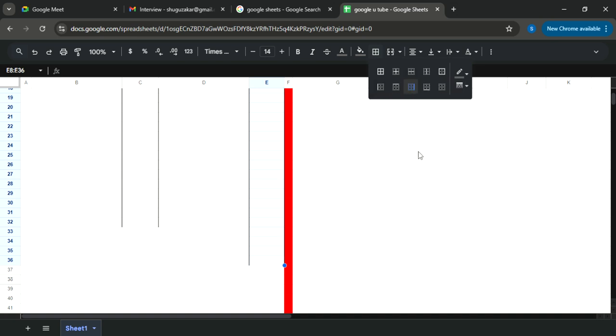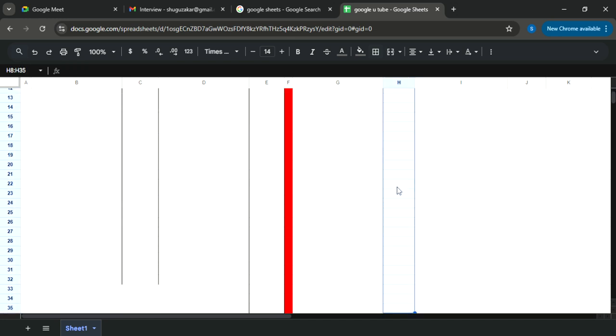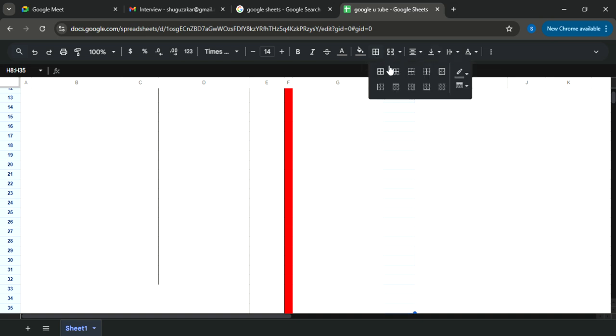So now you can see that we have different expenses and incomes. Here you will write the amount of all expenses. Here you will write the amounts of all income. In a similar way, if in our question assets are present, you will be writing all details regarding your assets over here.